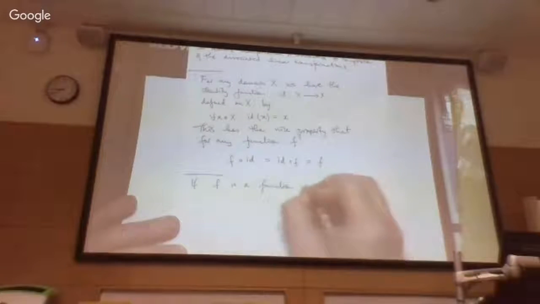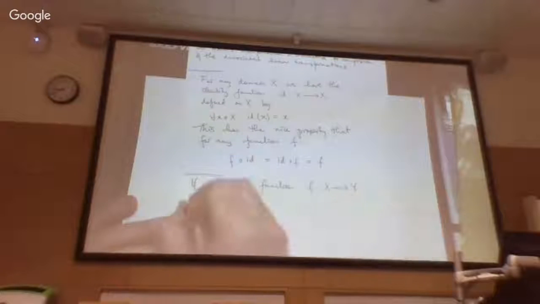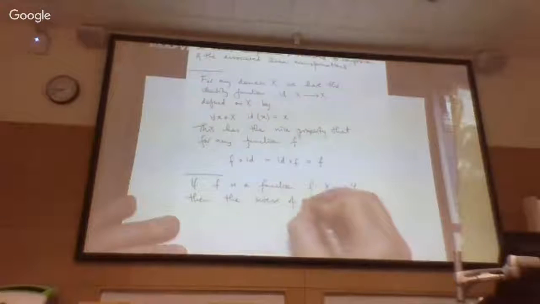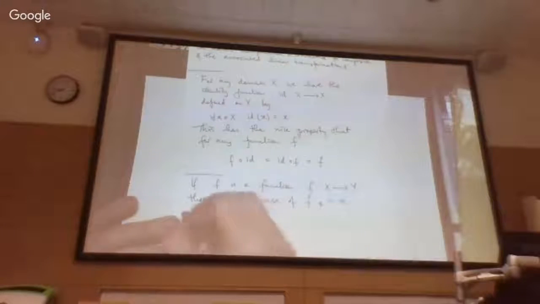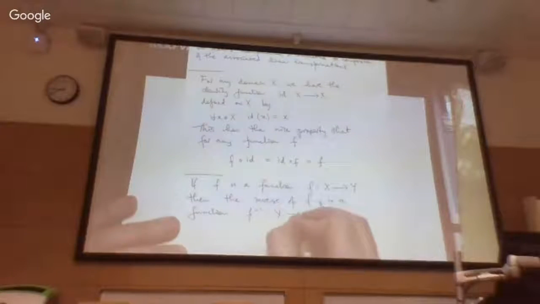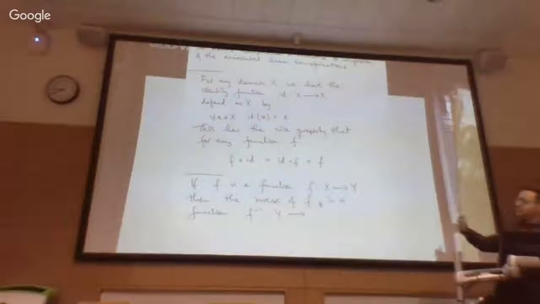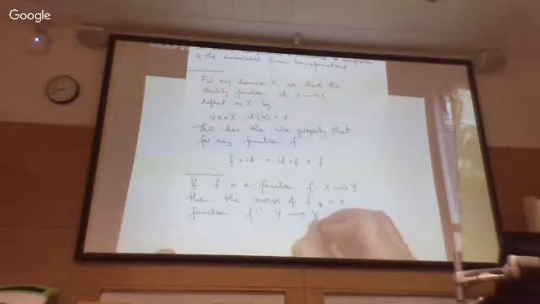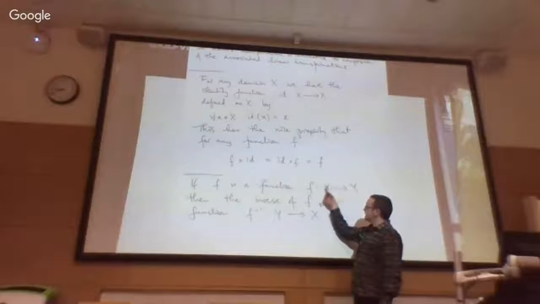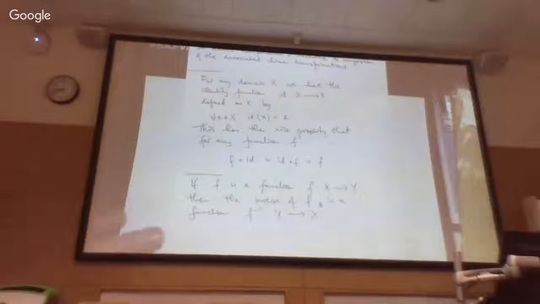So if f is a function from X to Y, then the inverse of f is a function f inverse. This superscript minus 1 is read as f inverse, and this goes back the other way. So f inverse goes from the codomain of f back to the domain of f, satisfying f after f inverse is equal to the identity.